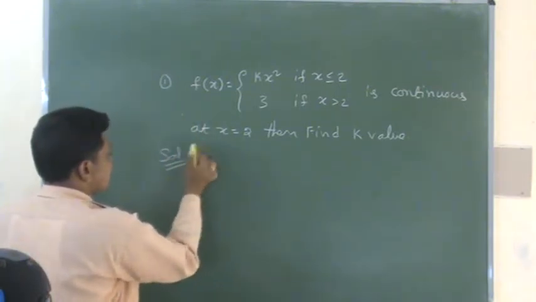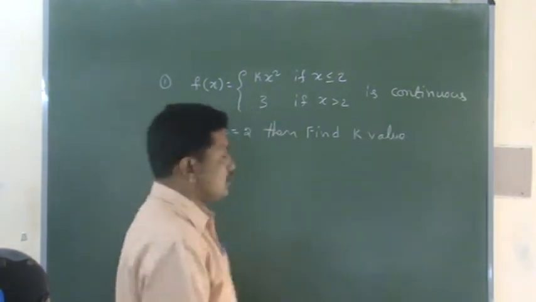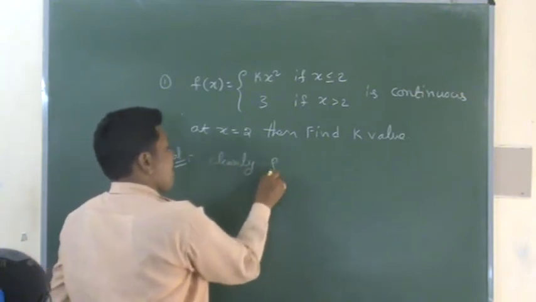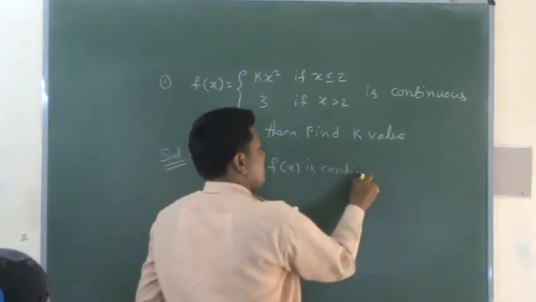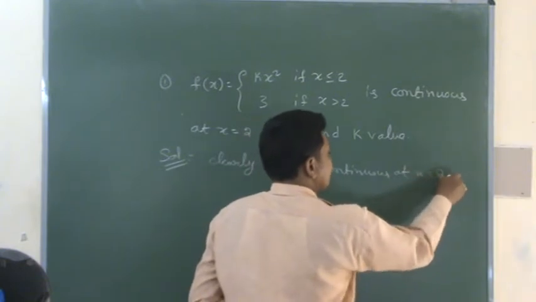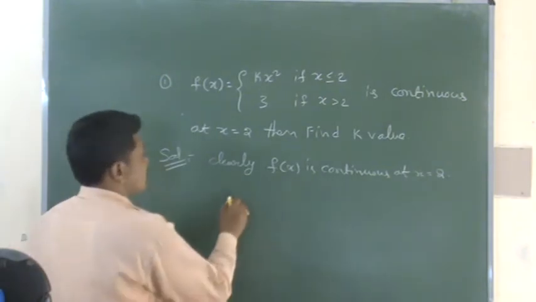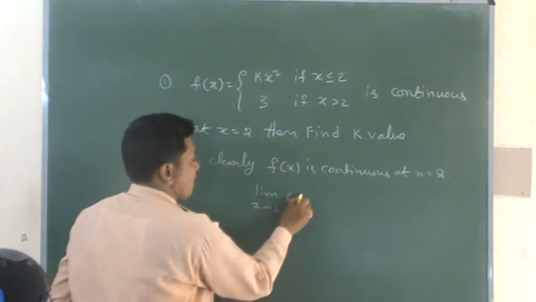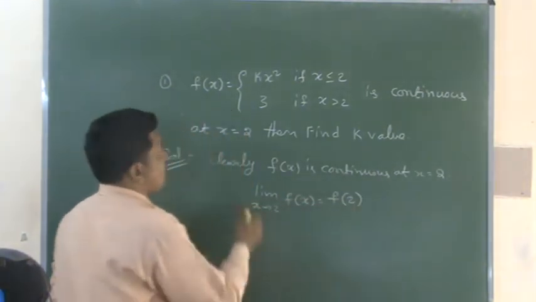First, in any problem you want to write like this: the given function is continuous. So clearly f of x is continuous at x is equal to 2, right? So that means limit x tends to 2 of f of x is equal to f of 2. Now tell me what is f of 2.